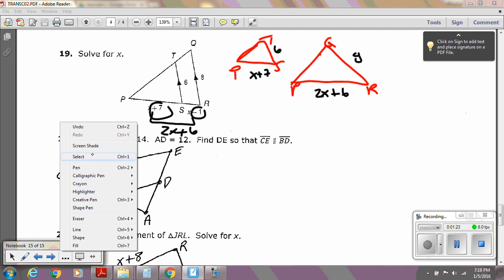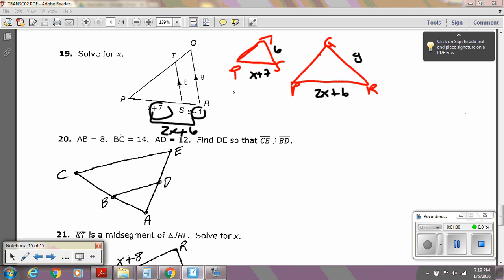Now that the two are separated, you can set up proportions with the proportional sides. So you have TS is to QR as PS is to PR, which means if I replace it with the value, 6 is to 8 as x plus 7 is to 2x plus 6.